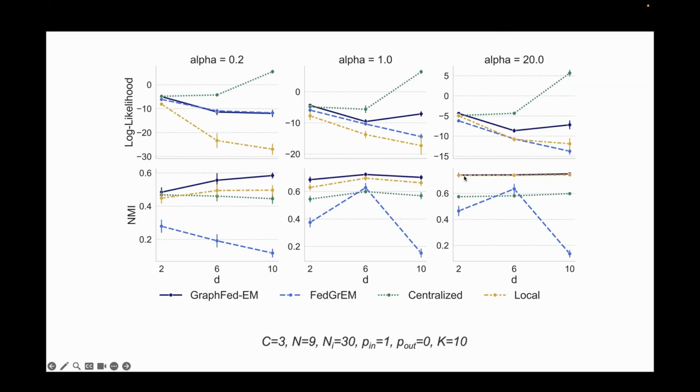So when the nodes are similar to each other, it performs in a similar way as the local training, but better than centralized. And again, there is something weird happening with this gradient-based EM. But this algorithm has a bunch of hyperparameters, and maybe I just need to try to optimize it specifically for this data set. Okay, I'm done.